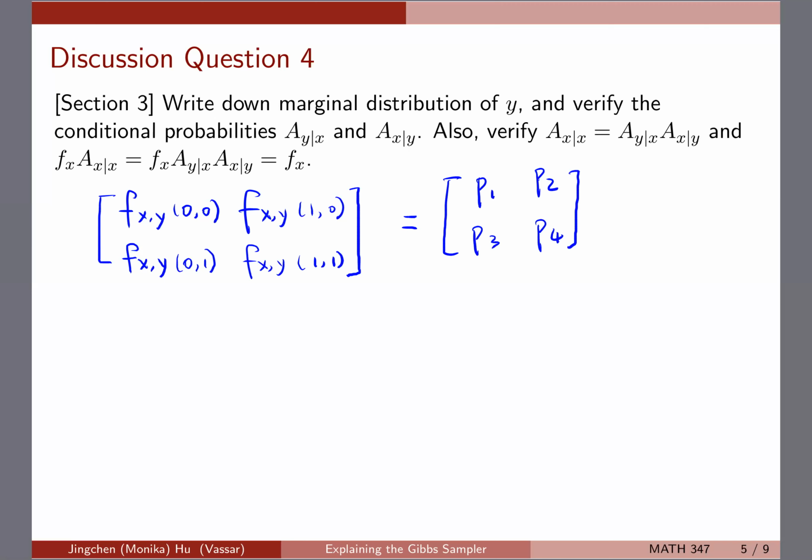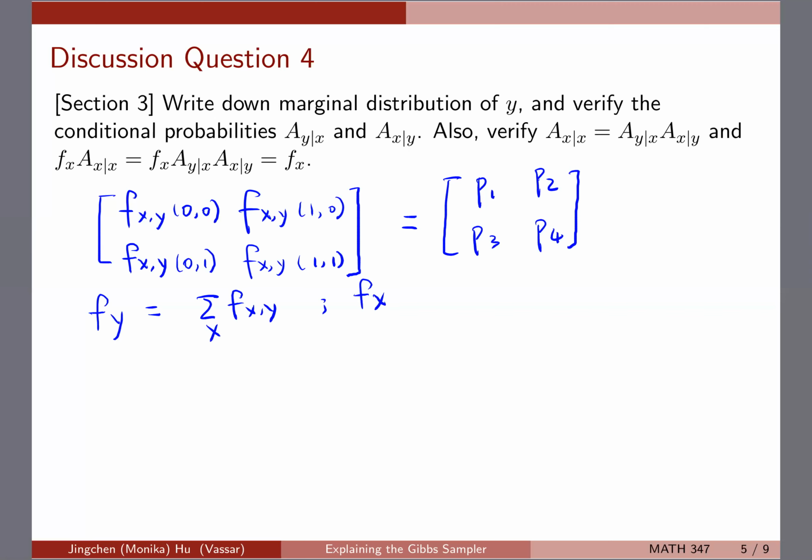So if you want to get f(y) from the joint, in this case it's discrete, so you're going to sum over all of the x of the joint of x and y. This is from probability courses you have taken before.